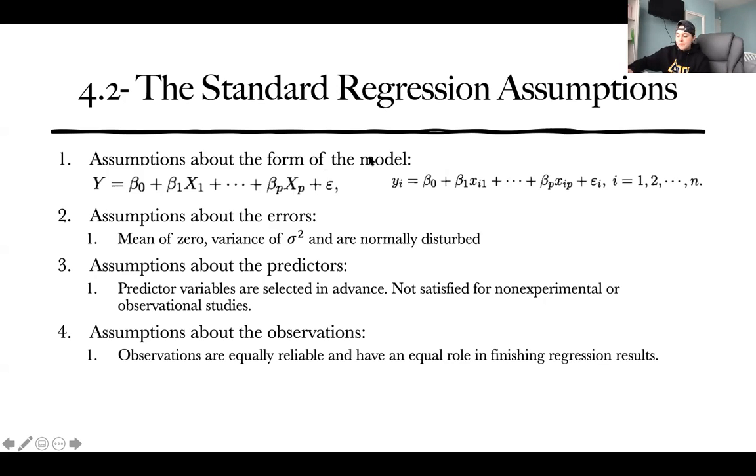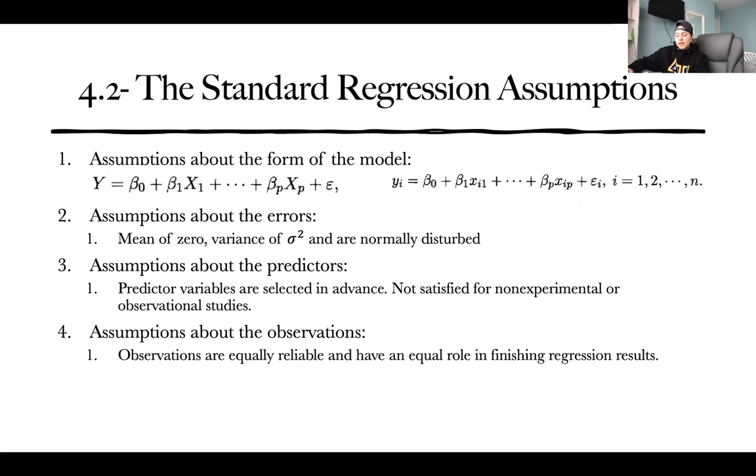Another way to write this is y sub i equals beta sub 0 plus beta sub 1 times x sub i1, all the way up to beta sub p times x sub ip plus epsilon sub i.